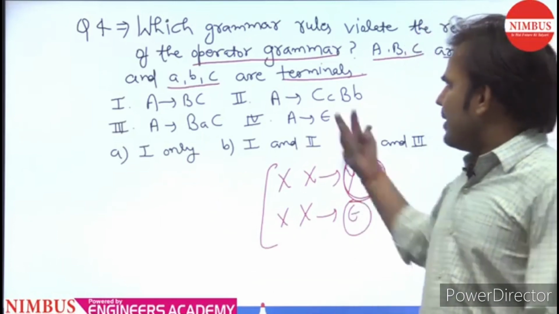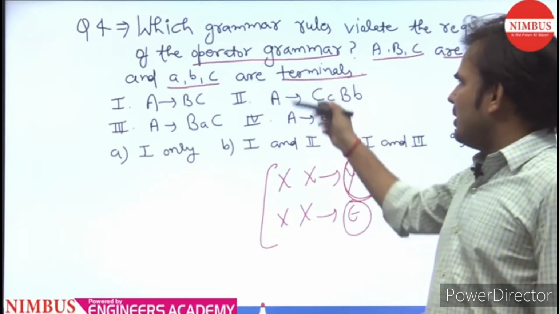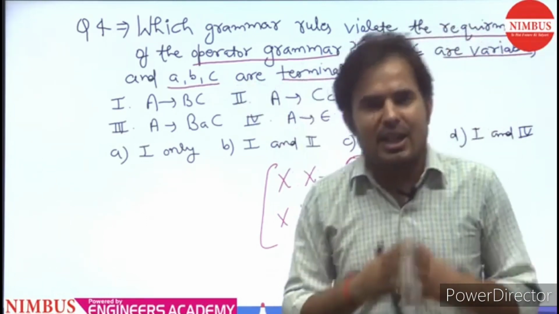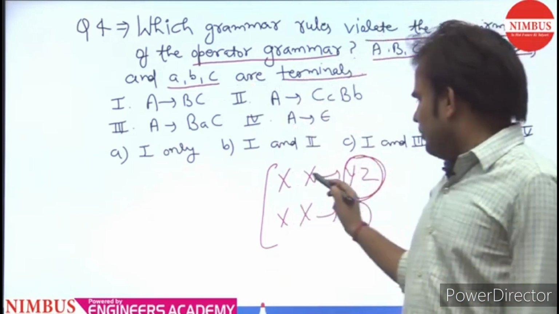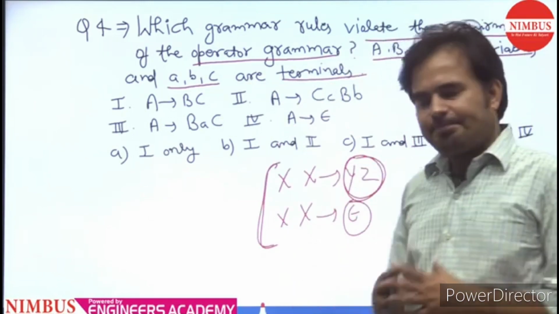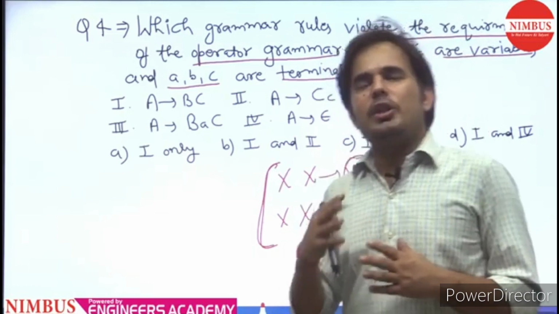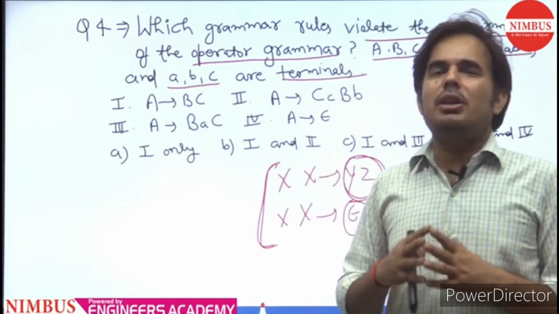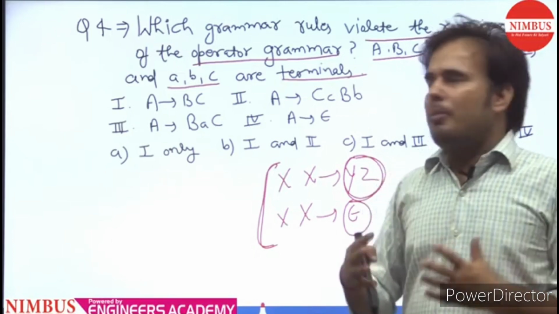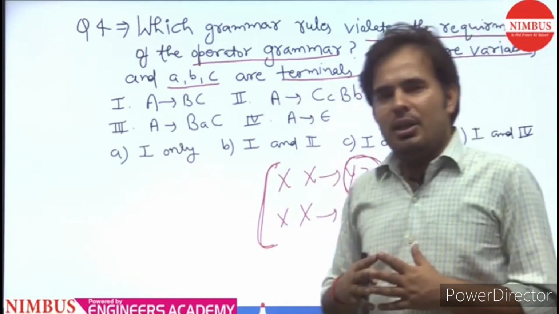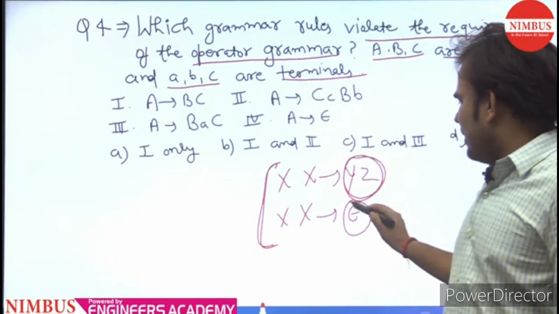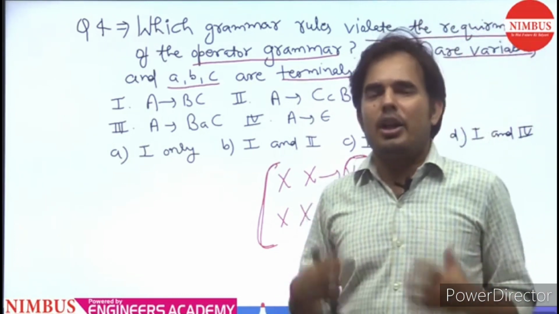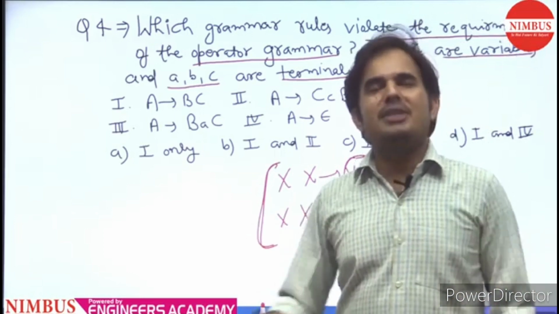The question asks which productions violate the requirement of the operator precedence grammar. Clearly, if two consecutive non-terminals are present in any production, then that production violates the rule. If any production contains epsilon at the right hand side, then that production also violates the rule.